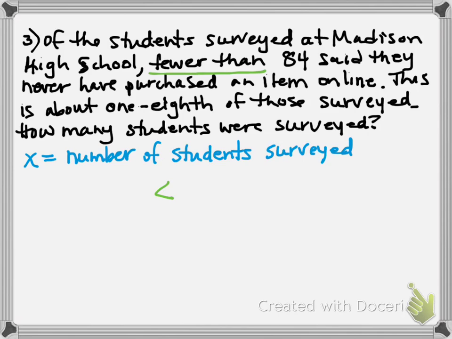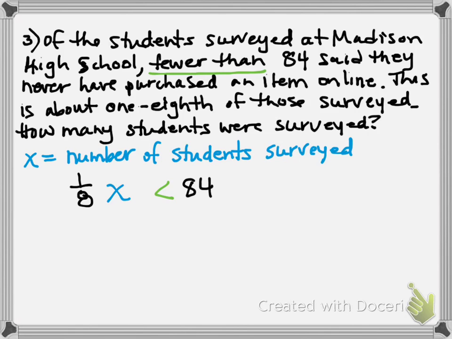So how do I write 1/8 of the students surveyed? What would I write for my equation? 1/8 x is less than, because remember what the number said? It said fewer than 84. It didn't say 84 students had never purchased anything.